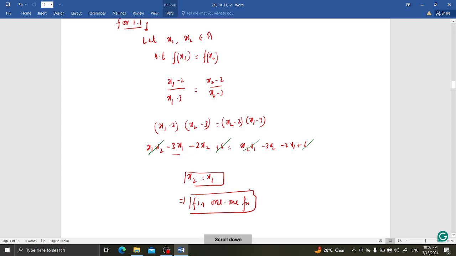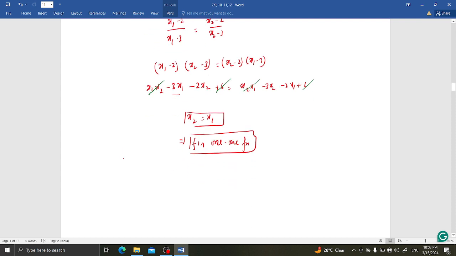Now for onto, let y belong to B. We need to choose an element such that f of x equals y, I'll assume. So what we need to find here is the format of x.